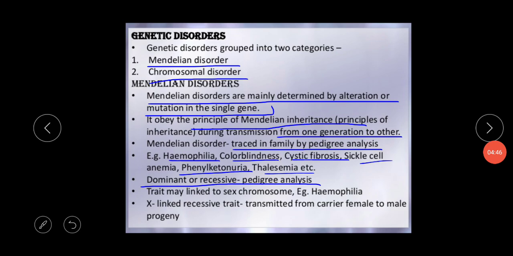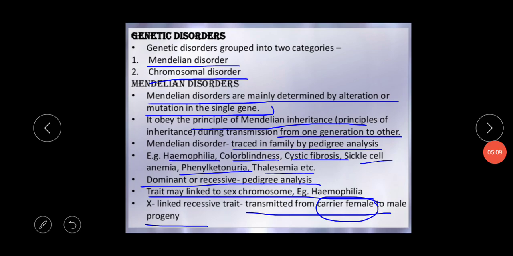If a trait is linked to the sex chromosome, that's called sex linked dominant or sex linked recessive. An X linked recessive trait means it is transmitted from a carrier female to the male progeny. Why a carrier female? Because the X chromosome is dominant in the female body. So these are the basic things of Mendelian disorder.